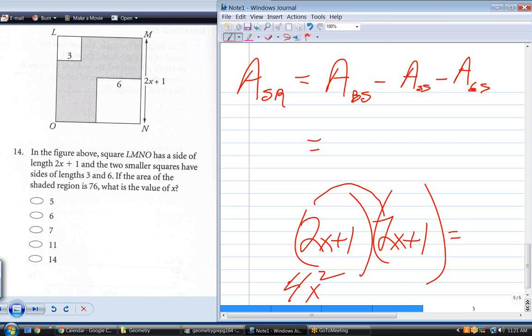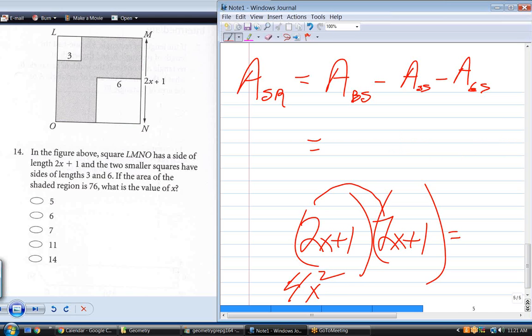See why it's x squared? Because there are two x's. If I was multiplying 2x times 2, that would be 4x. But if I'm multiplying 2x by 2x, I have to multiply the x's together also. So you definitely get 4x squared. That's the first term.